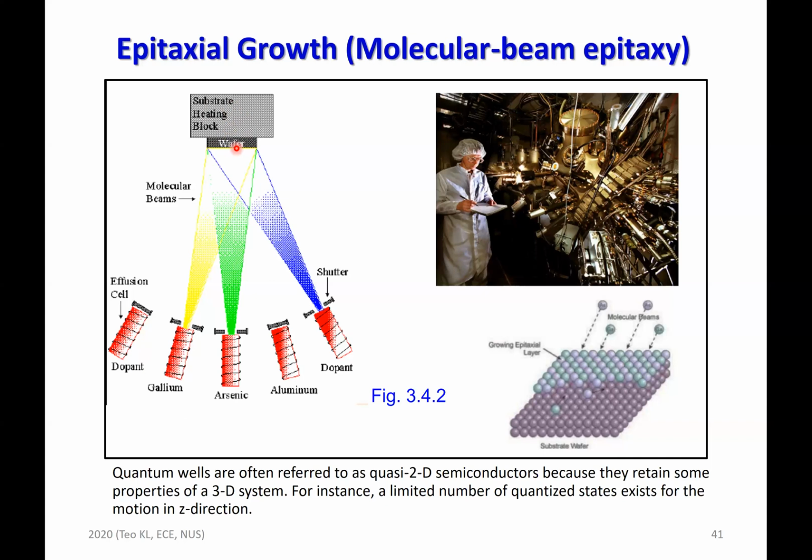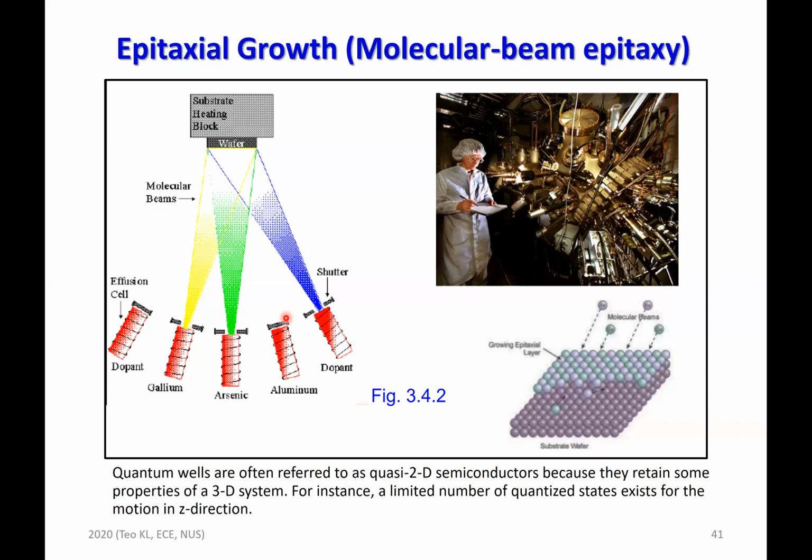And because it's ultra high vacuum, all these arsenic, gallium and aluminum atoms can have a very long mean-free path, depending on the pressure and temperature that we use in the system.